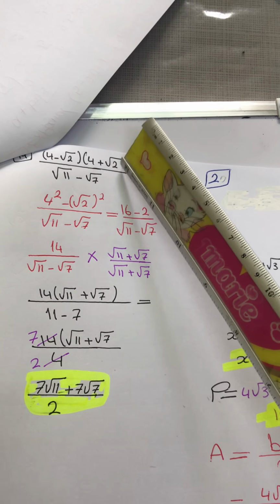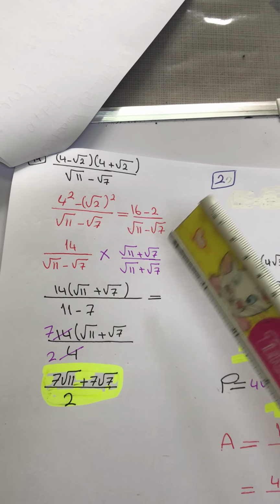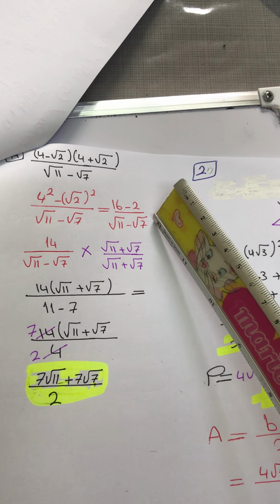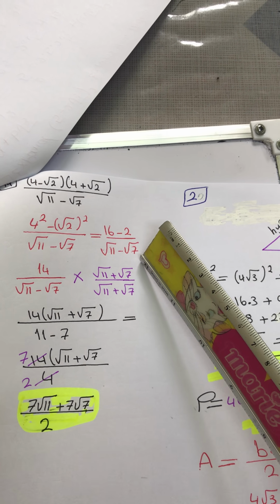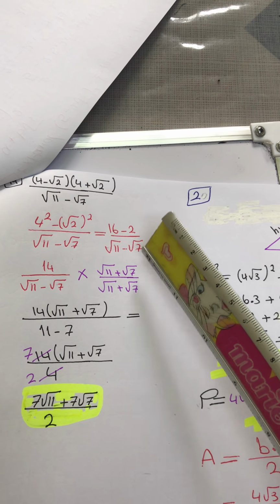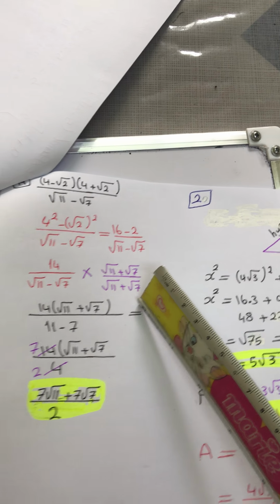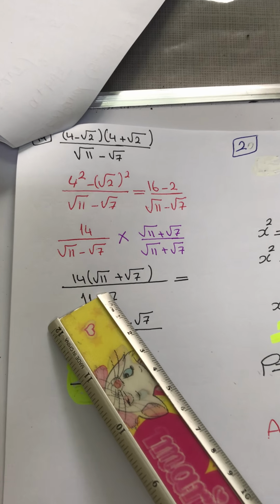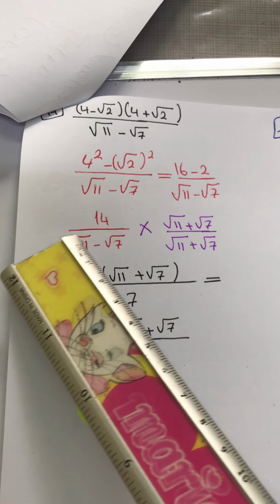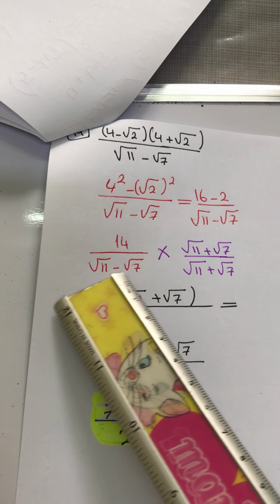I start to expand like this. Maybe I can cancel something up with down. Now I consider it as a new problem. I have a denominator, the square root of 11 minus the square root of 7. Multiply by the same, but plus, not minus, and complete as we used to do. 14, open brackets, square root of 11 plus square root of 7. Down, I have brackets positive and brackets negative, the same numbers.